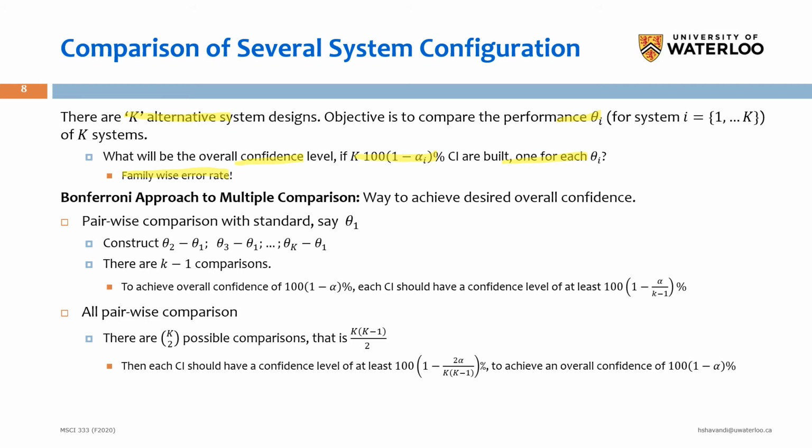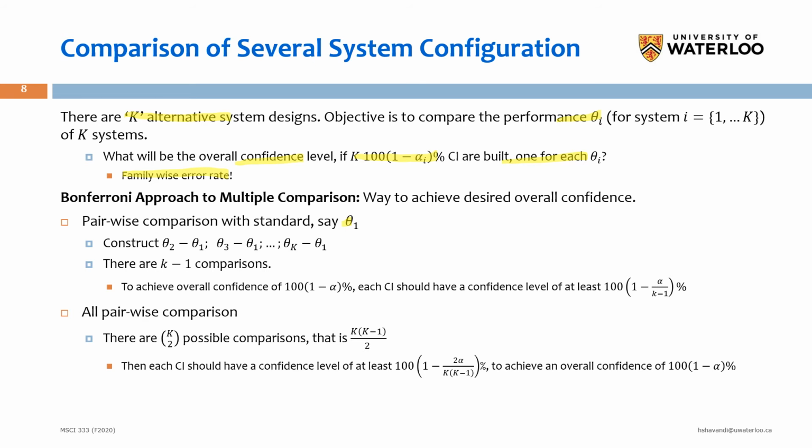Okay, so let's say we consider one of the alternatives as the standard one. Let's say that's theta 1, and then we compare the other systems against this system. So system 2 against system 1, system 3 against system 1, and so on.